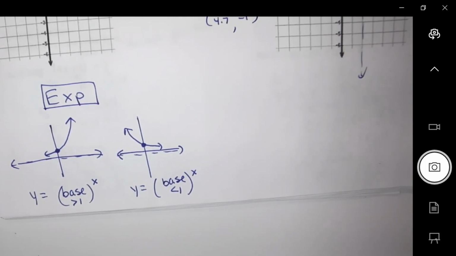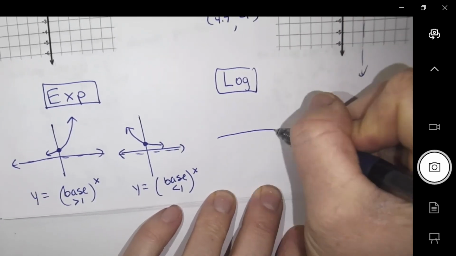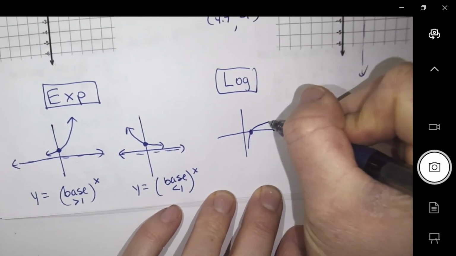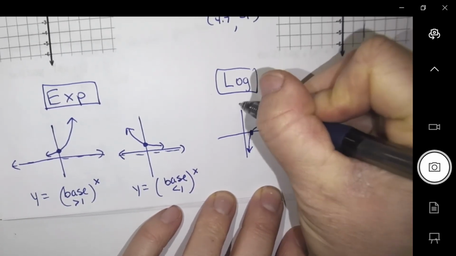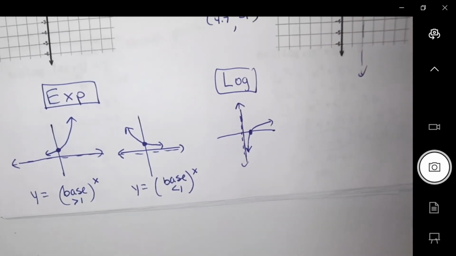Today I have half the population than yesterday, and then half the population the next day. Your population is decreasing. And then your basic log curve.